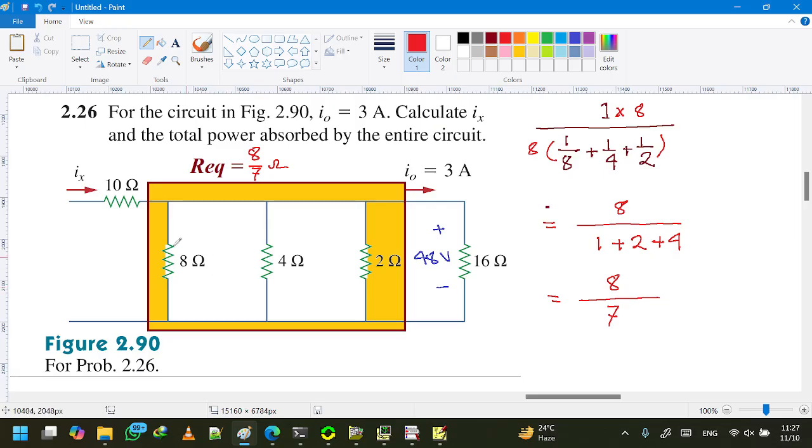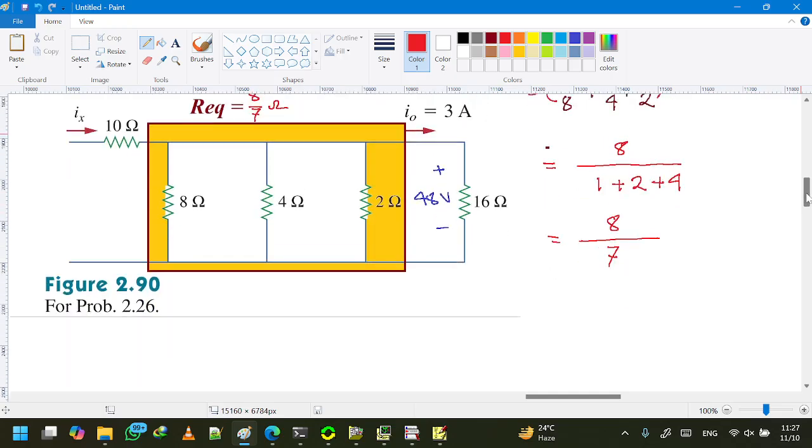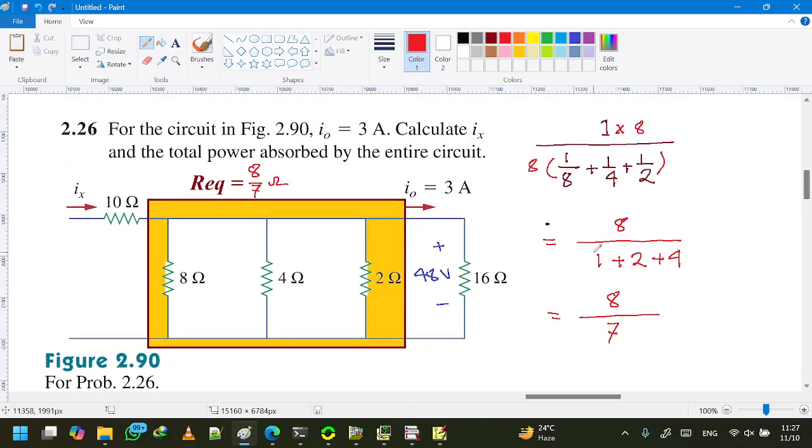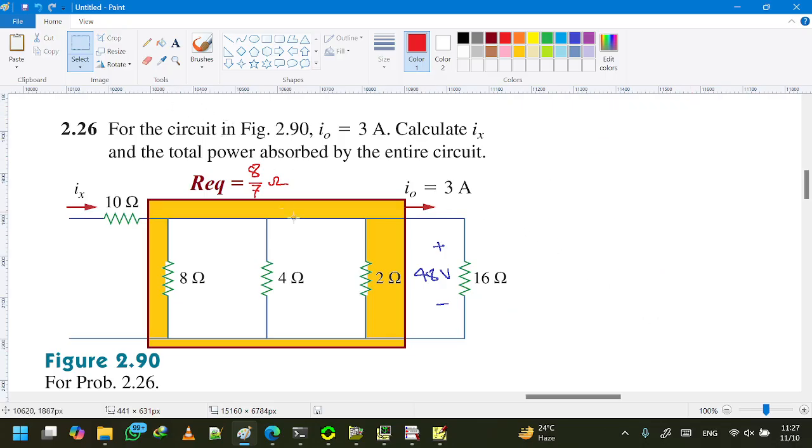Now we see that the current Ix is being divided, and one branch is going through I0. So we can apply CDR to find the value of I0. Since we have found the value of R equivalent already, we can get rid of this calculation part from the screen.